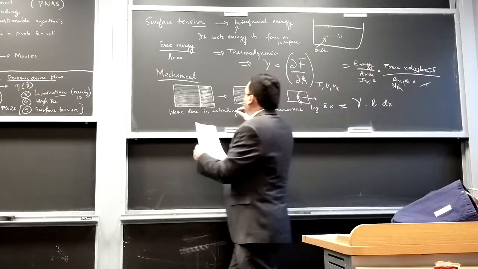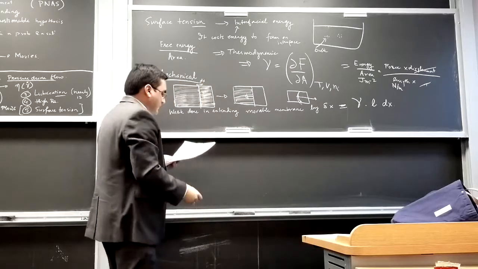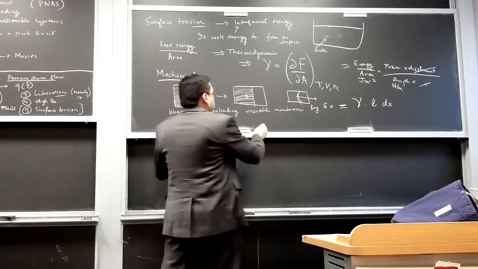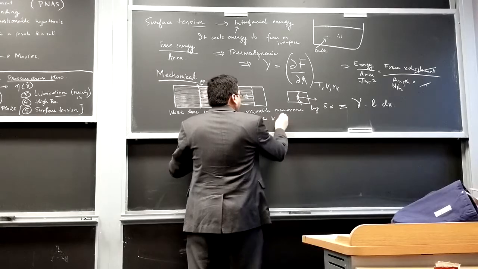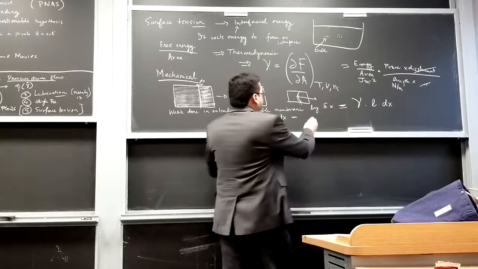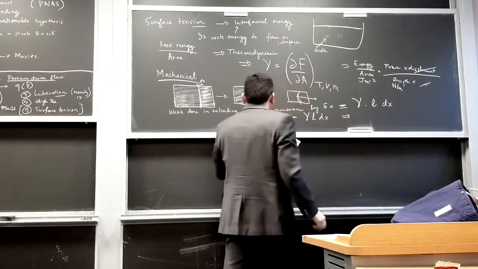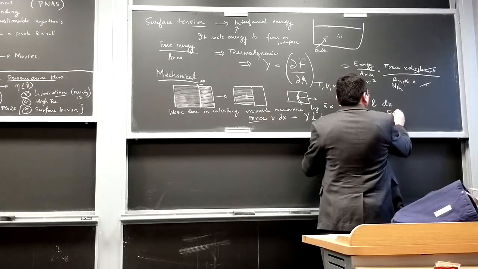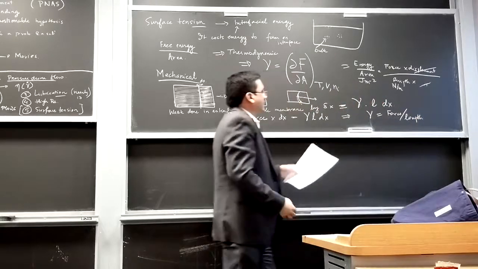Force times displacement should be equal to this work done, and that gives you the definition of surface tension, which tells you that this is just force per unit length.